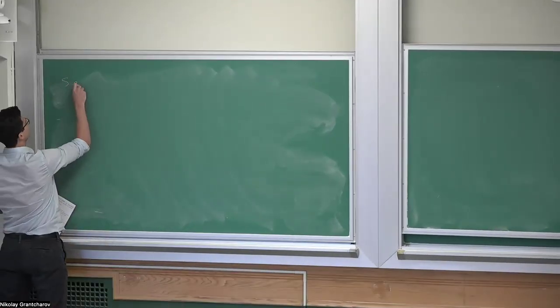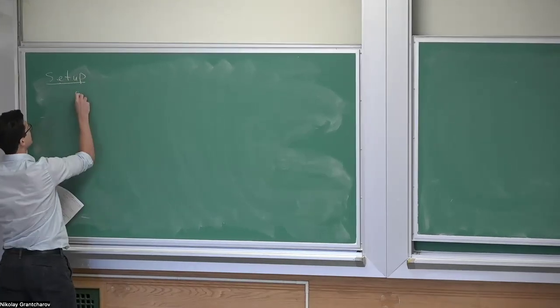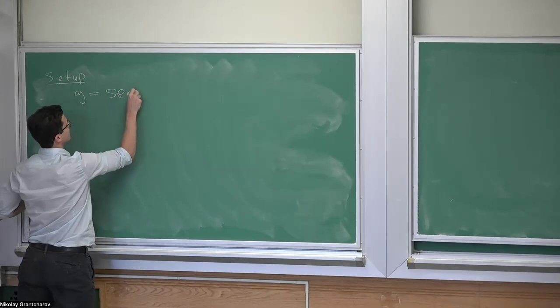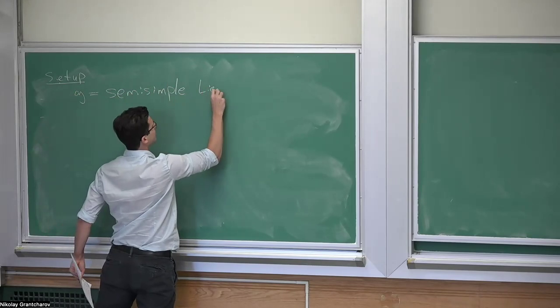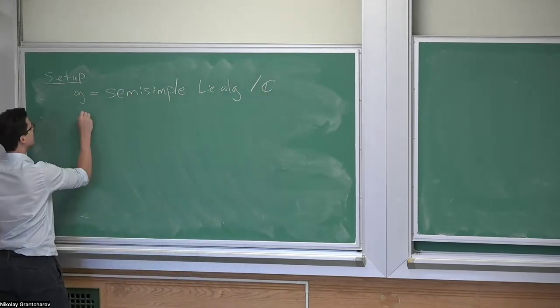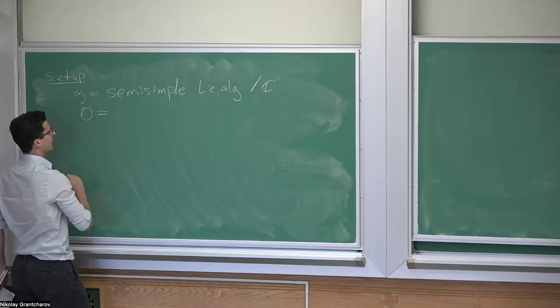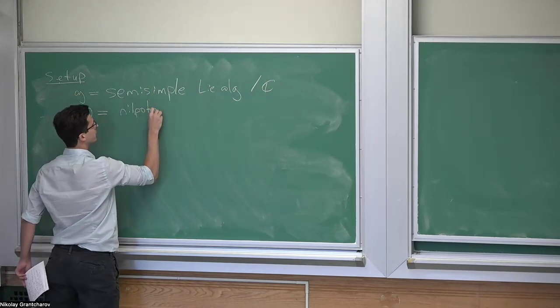So here's the setup. So G will be a semi-simple Lie algebra over the complex numbers. O is going to be a fixed nilpotent orbit.